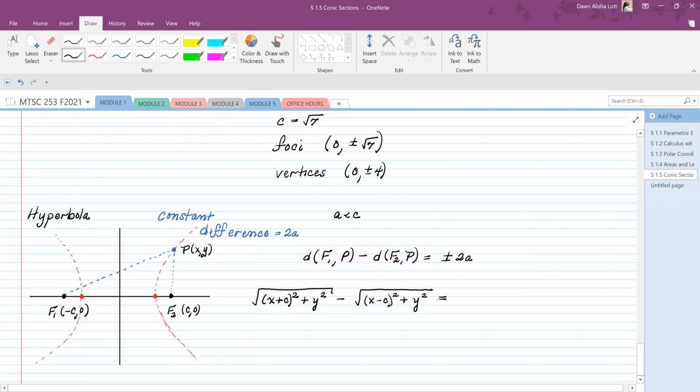And that has to equal plus or minus 2a. So you do the same thing, throw one to the other side, square it, then square it again.